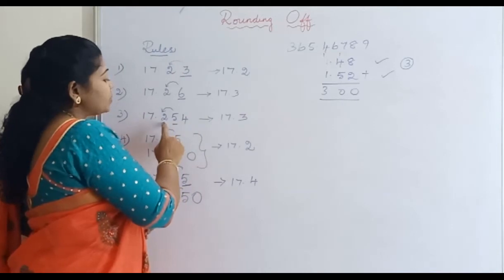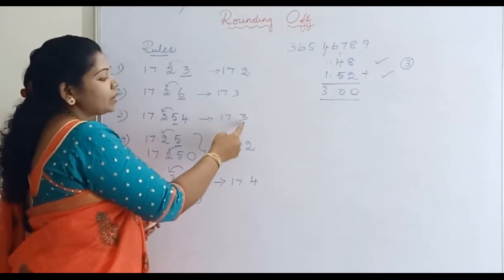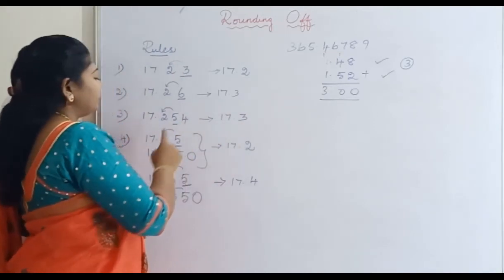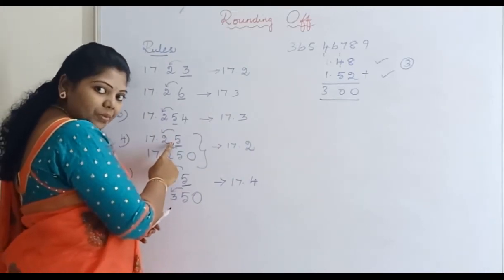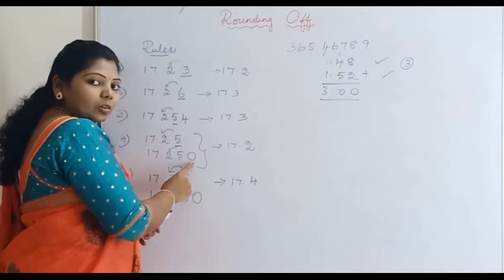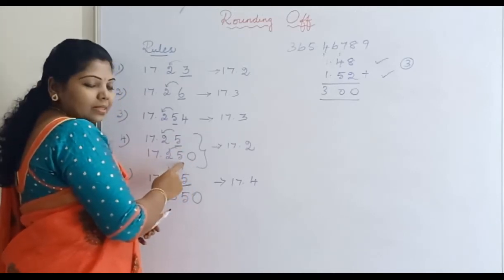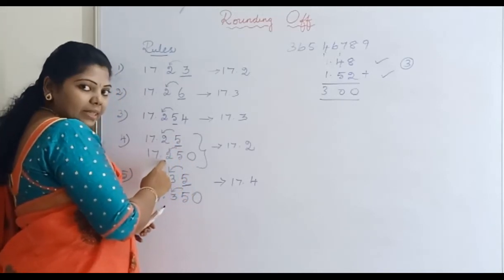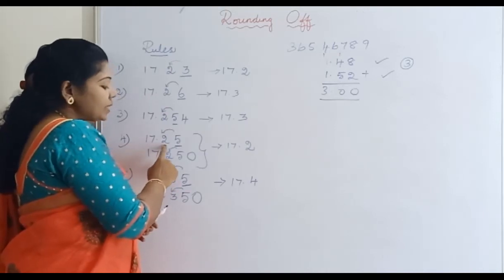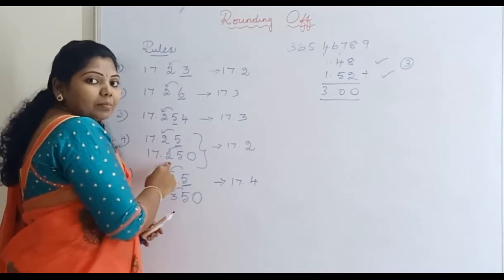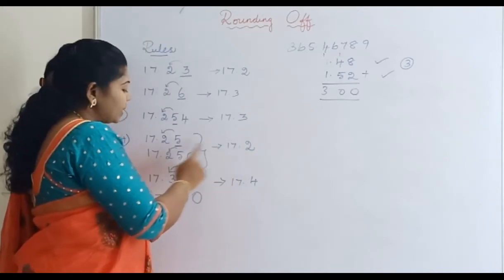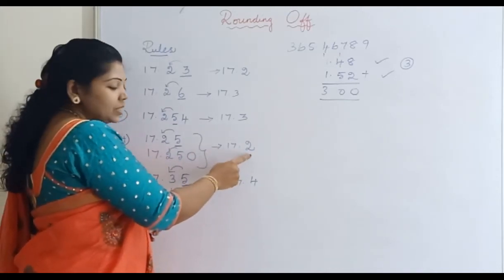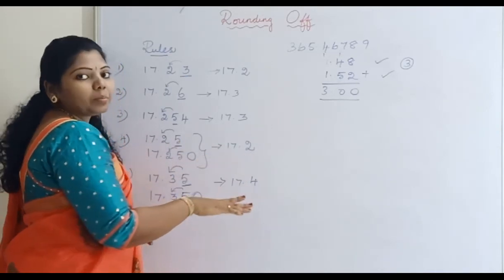So 17.2 plus 1 is 17.3. The fourth rule is, if the number to be dropped is 5 or 5 followed by 0, in both cases we have to see the preceding digit. If the preceding digit is an even number, then write the number without any change. The other digit should be dropped off.